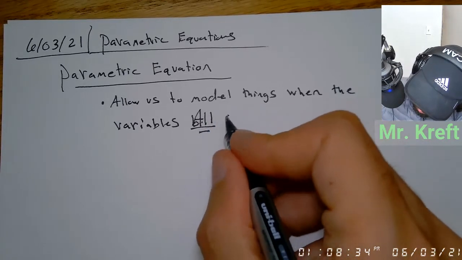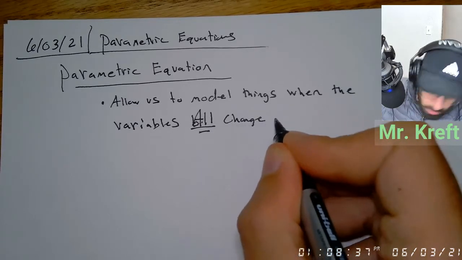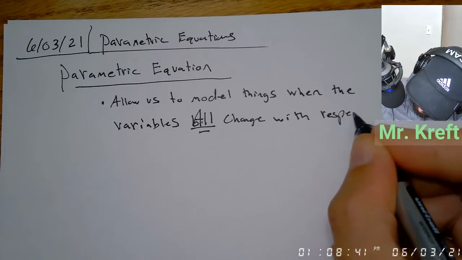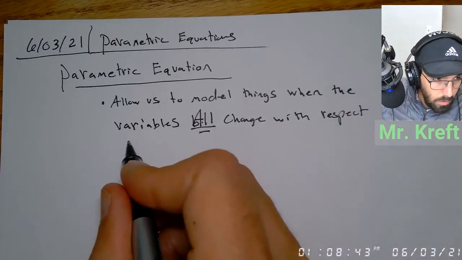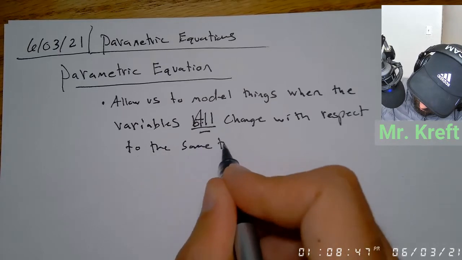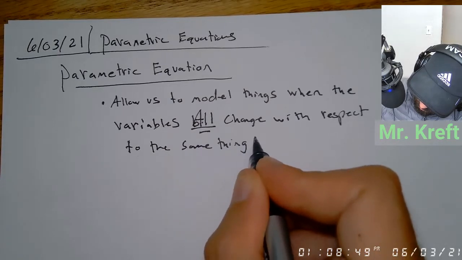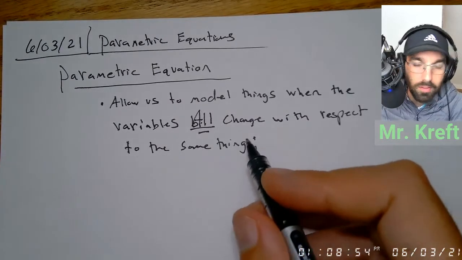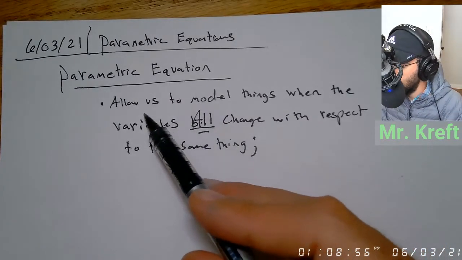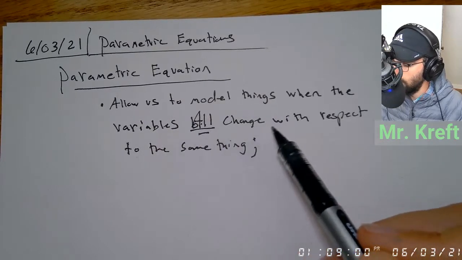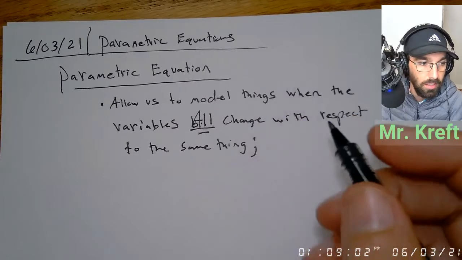So all change with respect to the same thing. So a parametric equation allows us to model things when the variables all change with respect to the same thing.